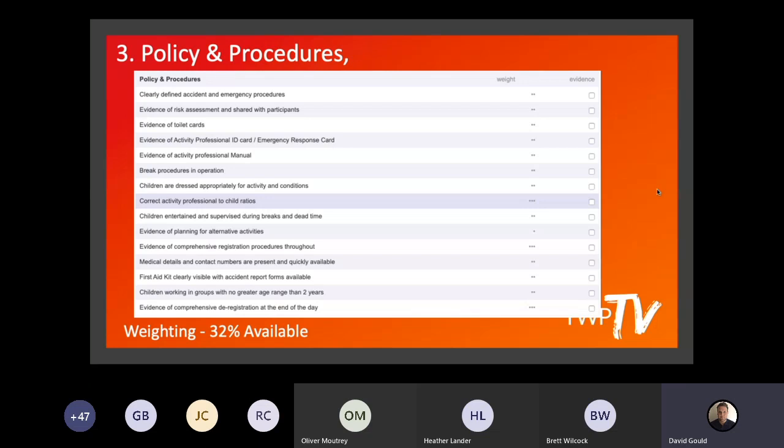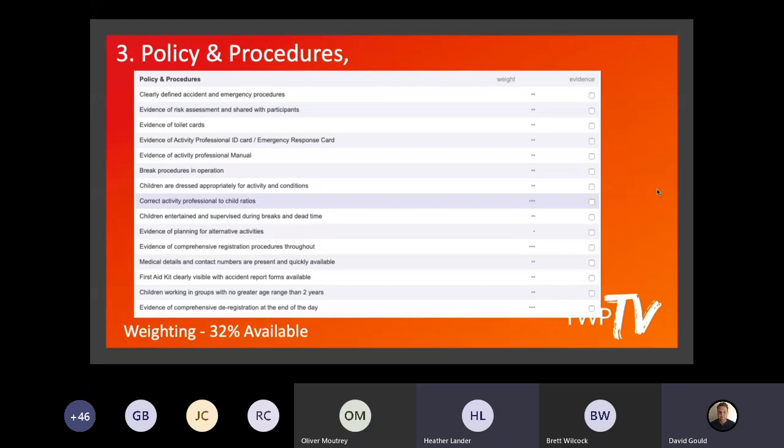So when we talk about a risk assessment, what do we mean by that? I think it was Heather, you put it in the comment box. What do we mean by a risk assessment? A risk assessment is you looking at your area or your school and writing down the possible things that could go wrong.